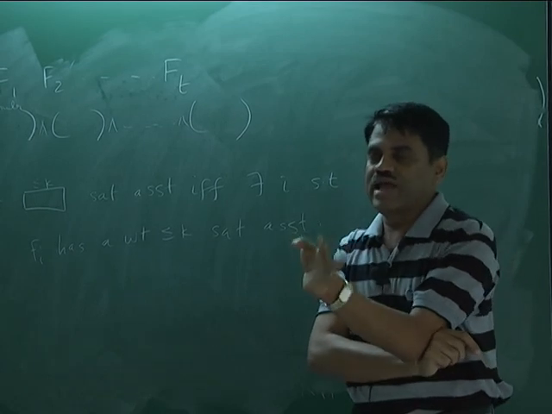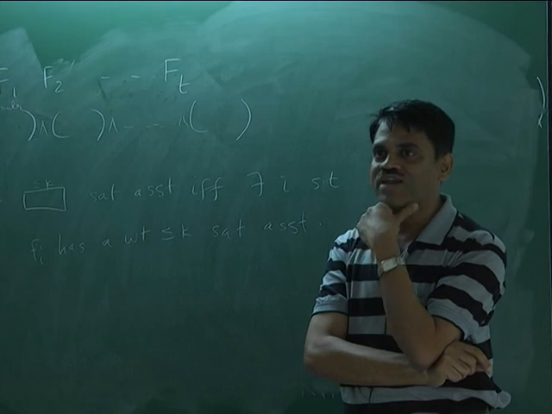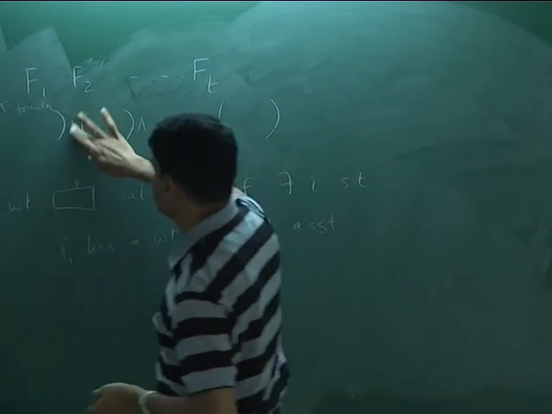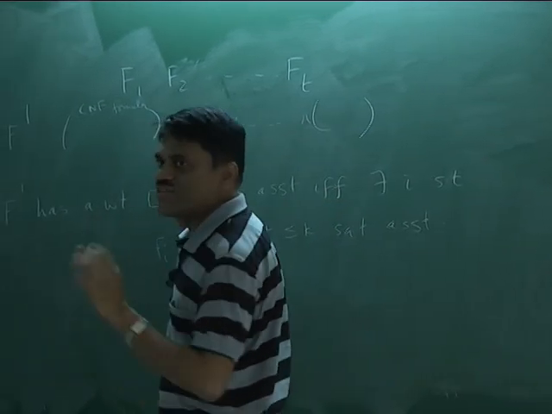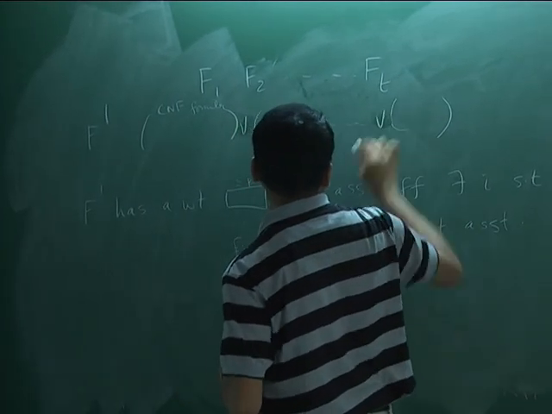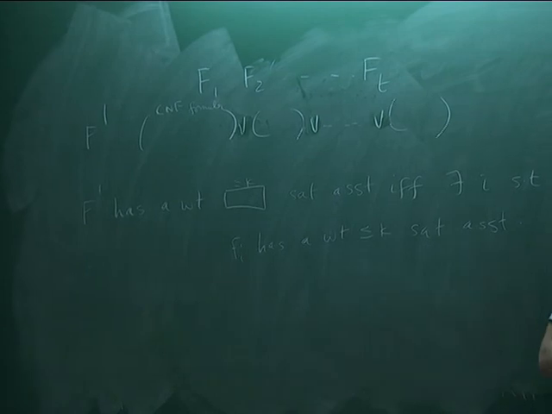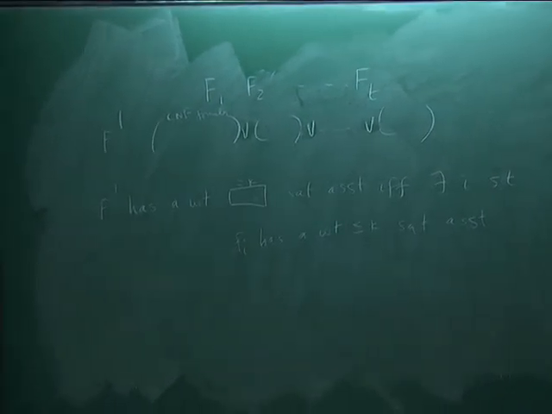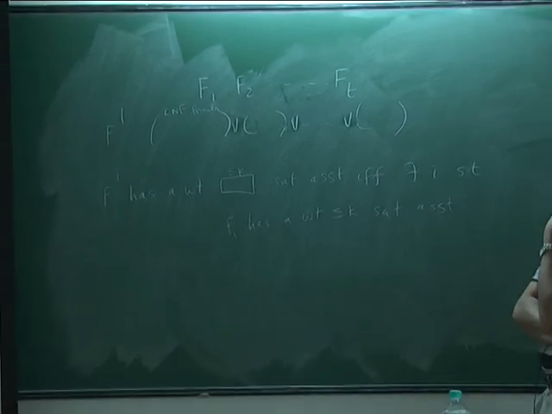So the AND was a starting point. What do you want to do? OR? Okay, let's do an OR. Finally, you have to make everything CNF and so on, but let's not worry about it. Now let's see whether this works. Which direction works here?